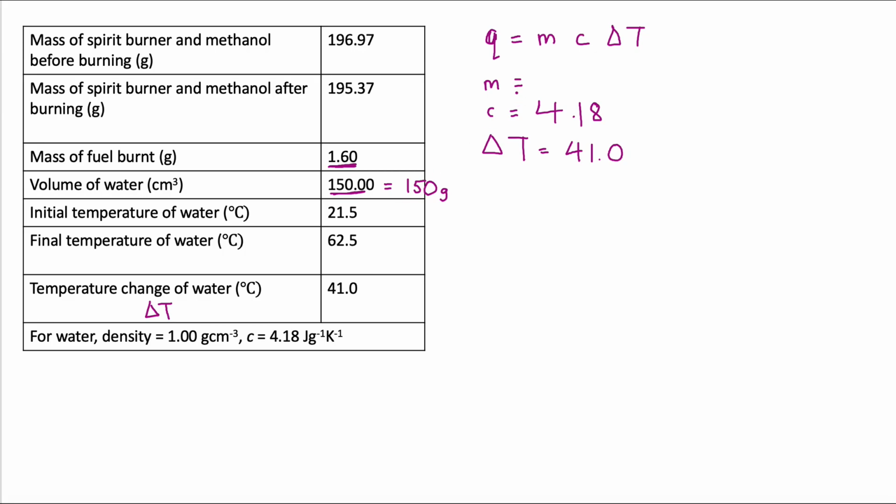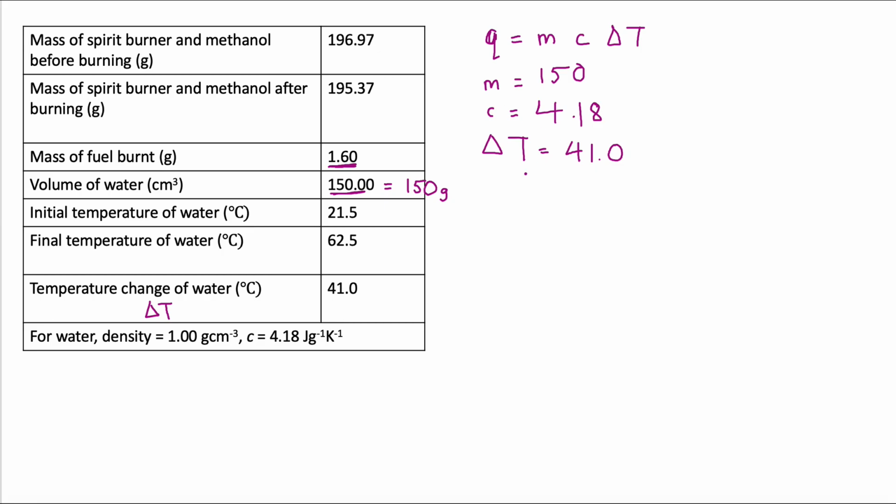As we said, this m in Q equals mc delta T is the mass of the surroundings. Earlier I said that the water is part of the surroundings here. We want to see how much energy is transferred from the system to the water, which is our surroundings. So it's very important that we use the mass of the surroundings, which in this case is the water. So here it's 150 grams. If you use the mass of the fuel burnt, that's irrelevant here and you'll get the wrong answer.